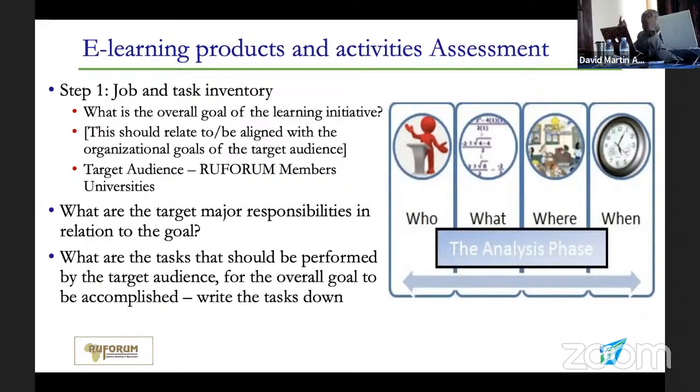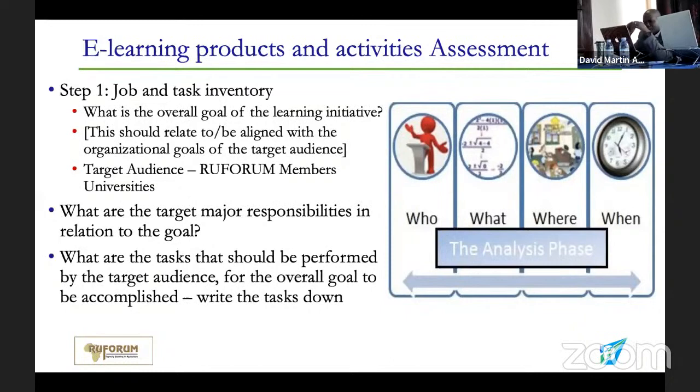So what are the target major responsibilities in relation to the goal you are going to achieve? What is it that you are supposed to do? Your responsibilities as a facilitator who is developing this course: I'll be able to do A, B, C, D into this entire course.